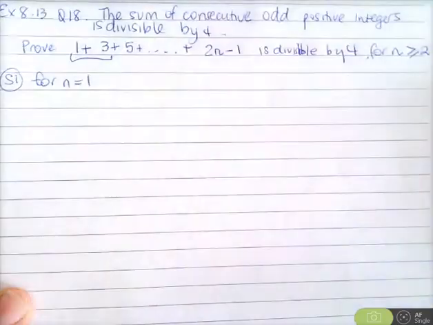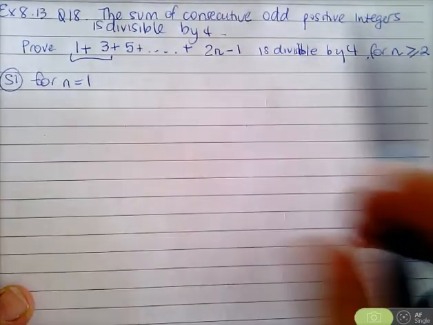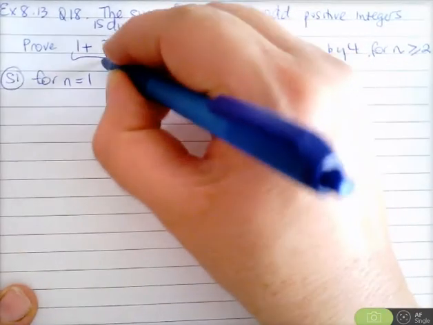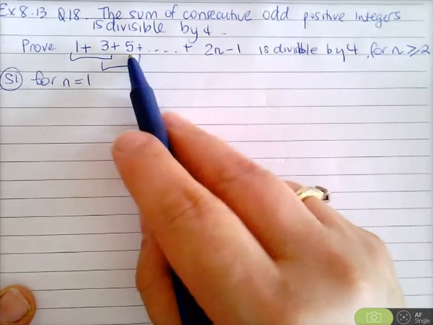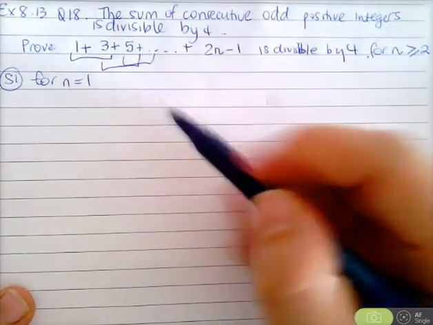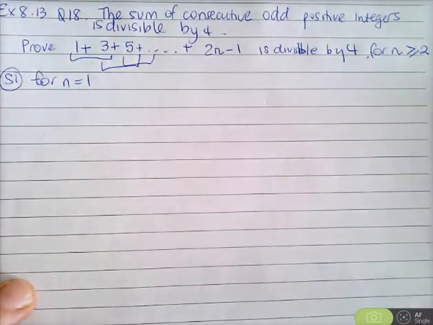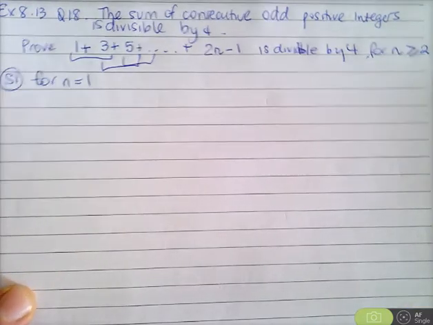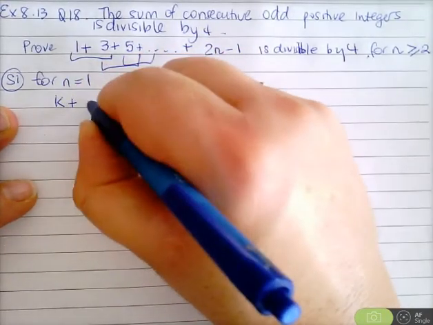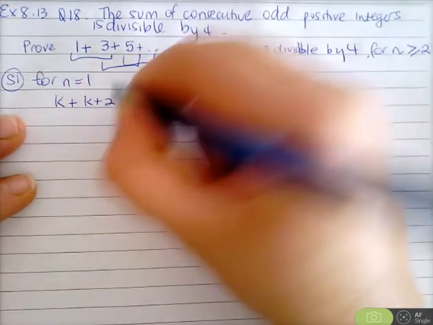So they just want the sum of any 2 consecutive odd positive integers. If you look at 1 and 3, that's 4, which is divisible by 4. If you then look at 3 and 5, that adds up to 8, which is divisible by 4. Then you look at 5 and 7, which is 12, which is divisible by 4. So the general form will be n plus n plus 2.